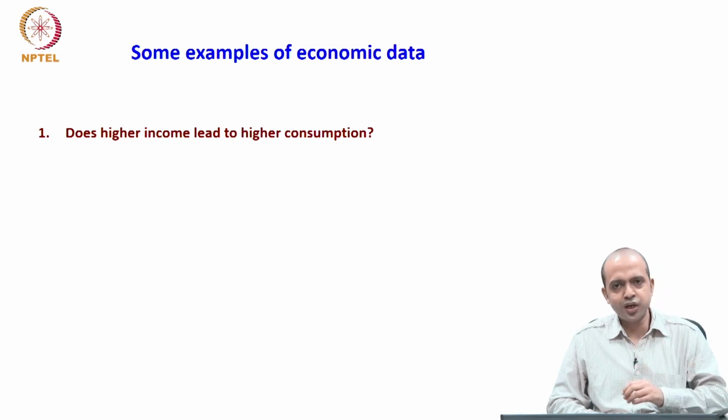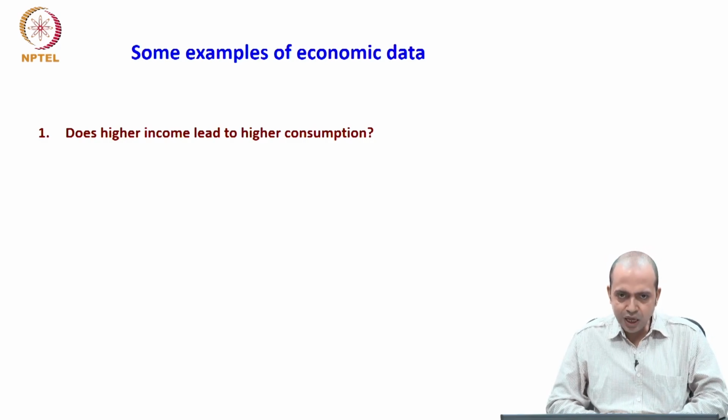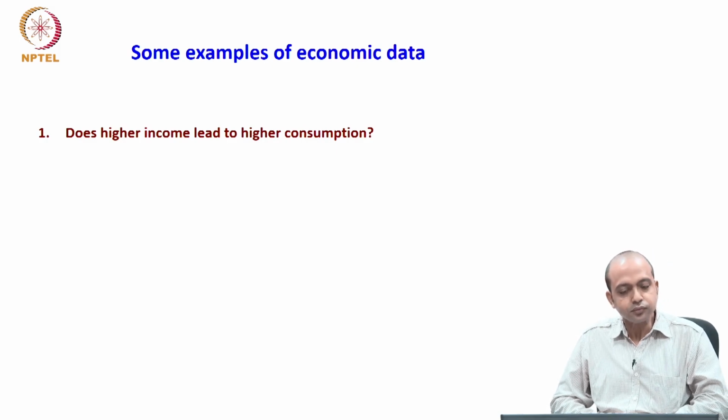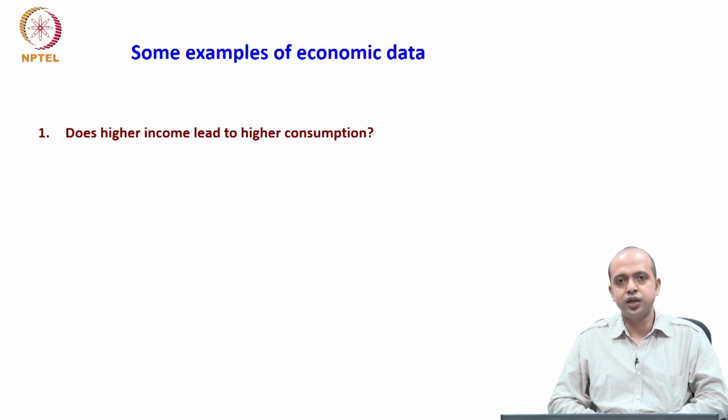So, participating in the labor market and how much labor I will supply is basically an economic decision making. Then consumption is also an economic decision making. What I will consume, how much I will consume, it all depends on the price of the product, what my need is, and so on. So, both income and consumption are generated from economic decision making, that is why both these are economic data.